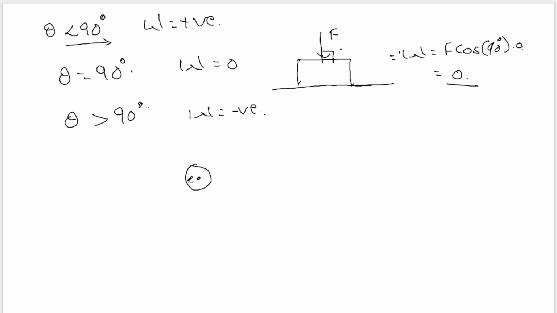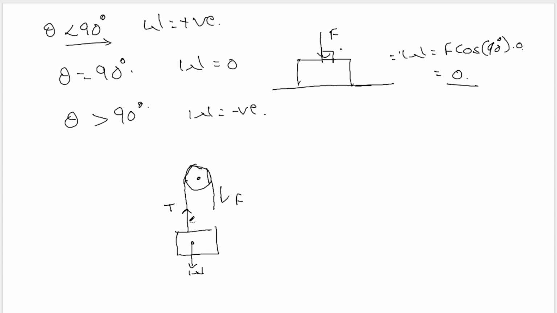This is a pulley. If we are pulling this thread by some force F, the tension acting in this wire or thread is T. Its weight acts downwards.